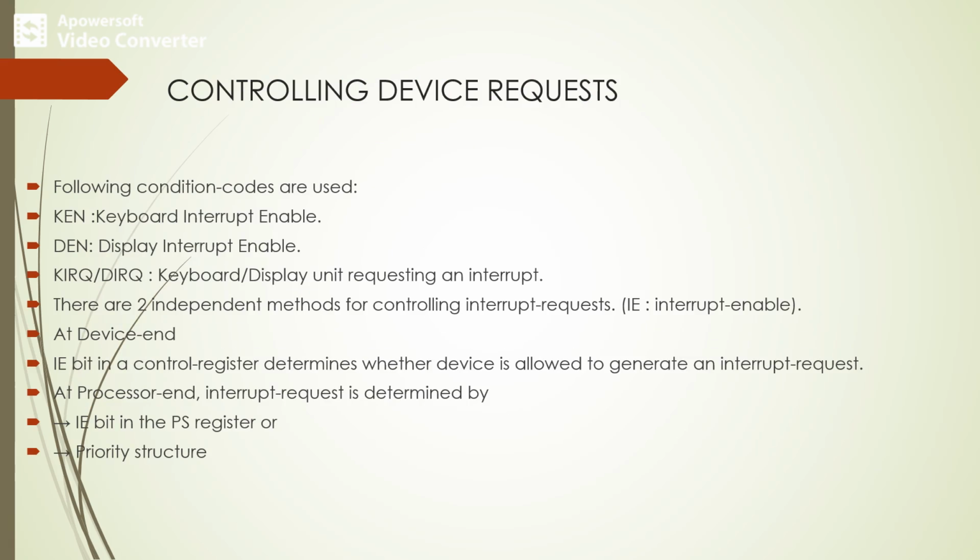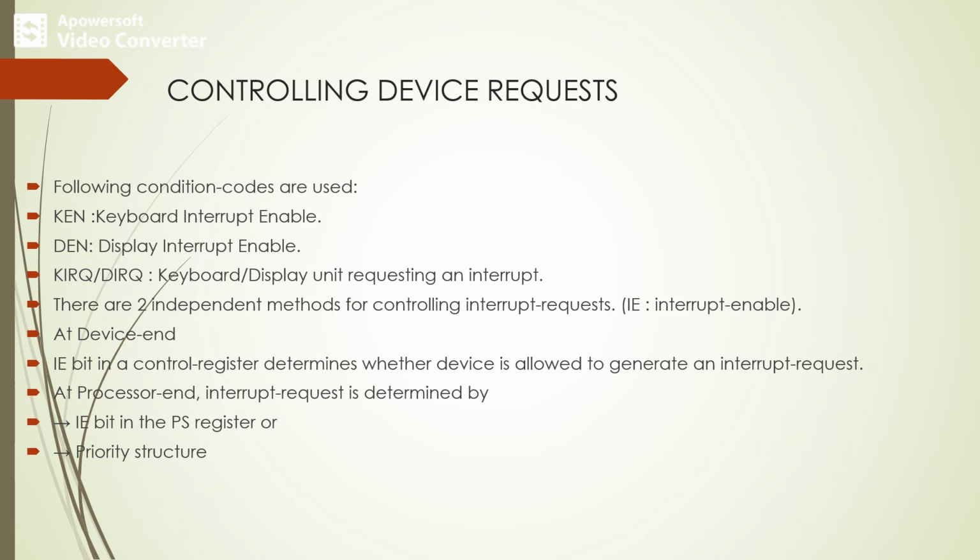Controlling device requests. We can make use of some set of condition codes like KEN, DEN, KIRQ and DIRQ in order to enable or disable interrupts. There are two independent methods for controlling interrupt requests. One is the IE bit, that is the interrupt enable bit, at the device end.